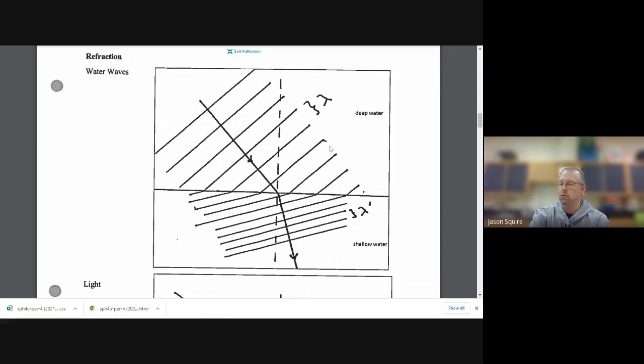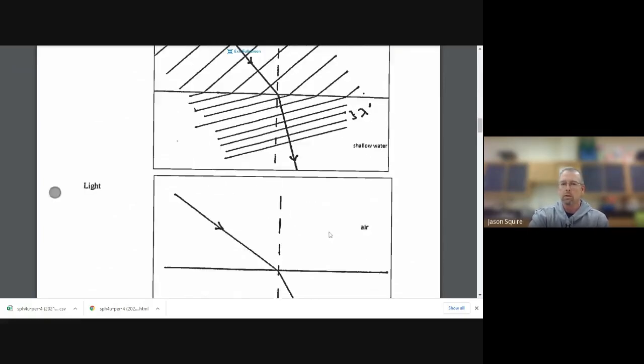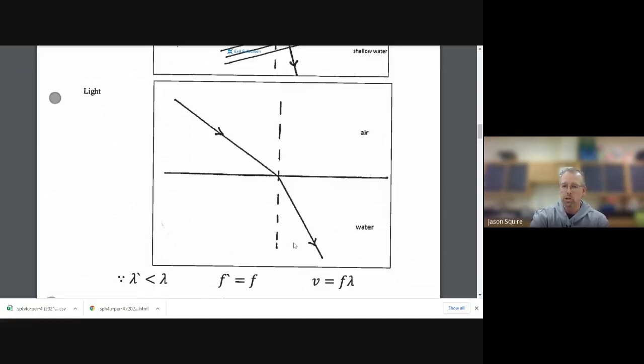This is what waves do. So if I can find the scenario for light that it does the same thing, it's a very good comparison. And lo and behold, air on the top, water down below, you have the light ray bending towards the normal. Here, bends towards the normal, here, bends towards the normal.